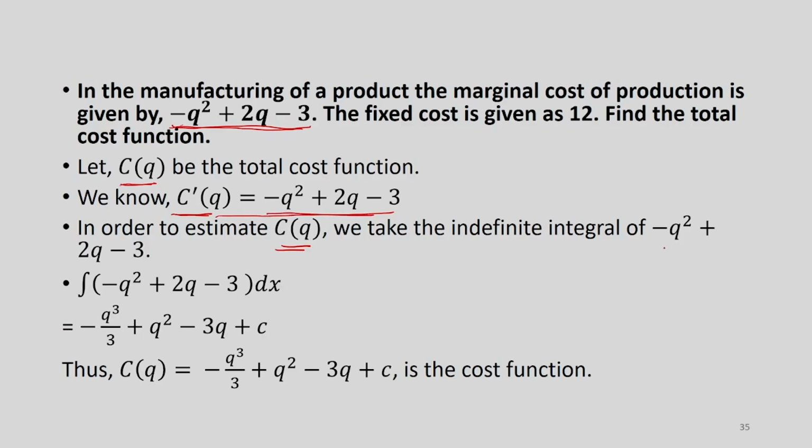Therefore, we take the indefinite integral of this marginal cost, right, and that is what we are doing here, indefinite integral of minus q square plus 2q minus 3. This should not be x, this should be q, because q is the variable of integration.